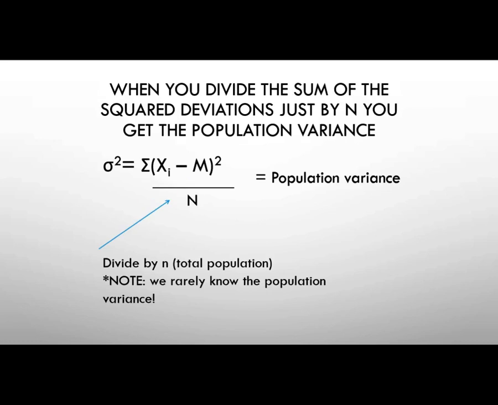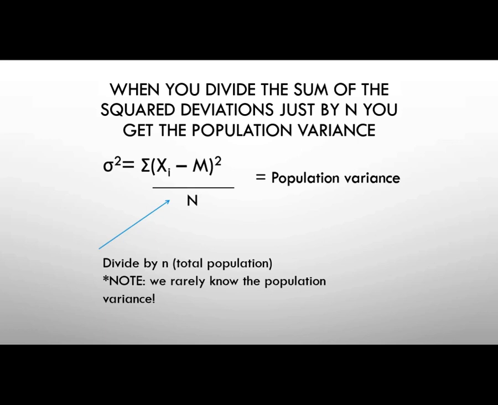So when you divide the sum of the squared deviations just by n, you get the population variance. Okay, so sigma squared is the sum of the individual score minus the mean, squared, divided by the sample size. But we rarely know the population variance, right? We talked earlier about why we even need to do statistics.